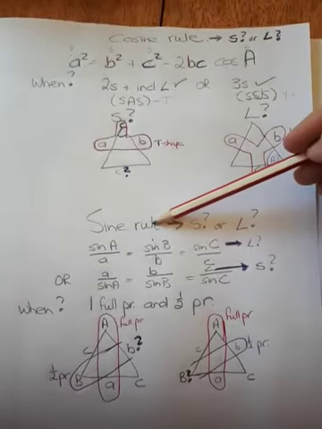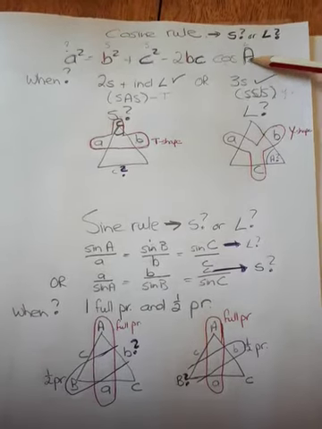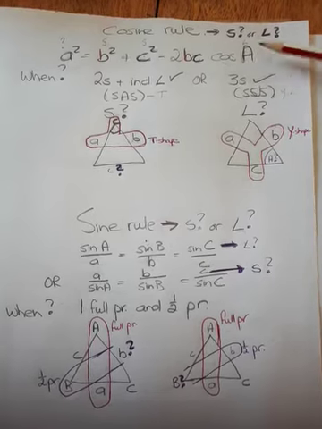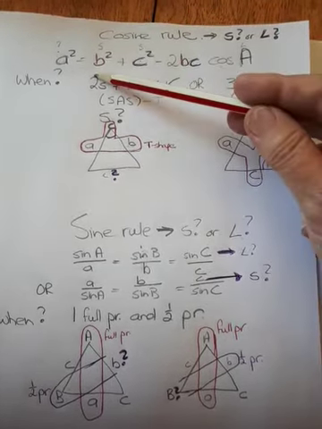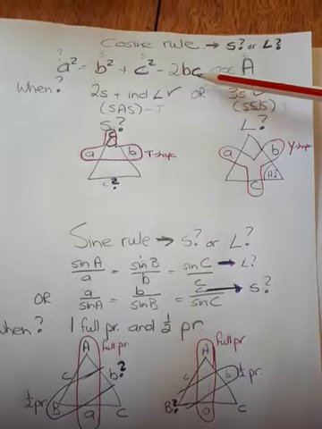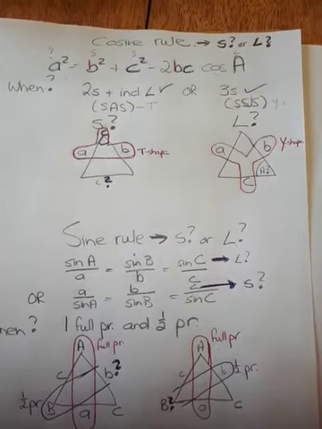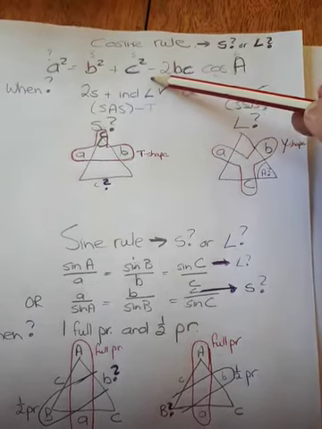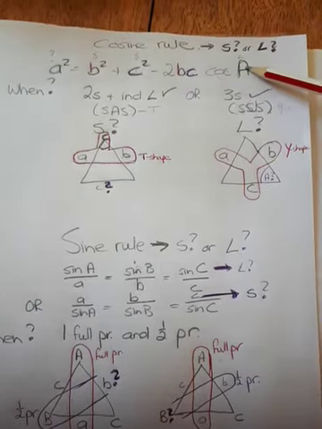the cosine and the sine rule are used for finding sides or angles of non-90-degree triangles. The cosine rule reads as follows: a squared equals b squared plus c squared minus 2bc cos A, okay? Or we can adapt it to b squared equals a squared plus c squared minus 2ac cos B, all right?